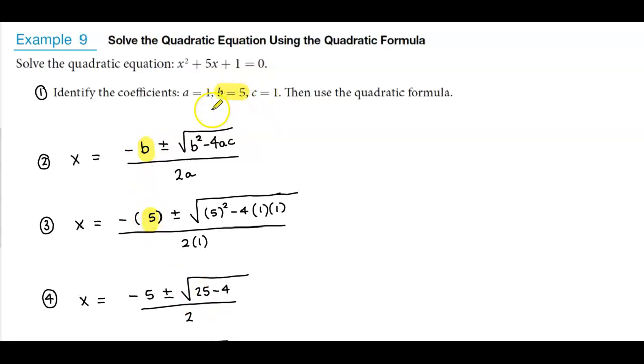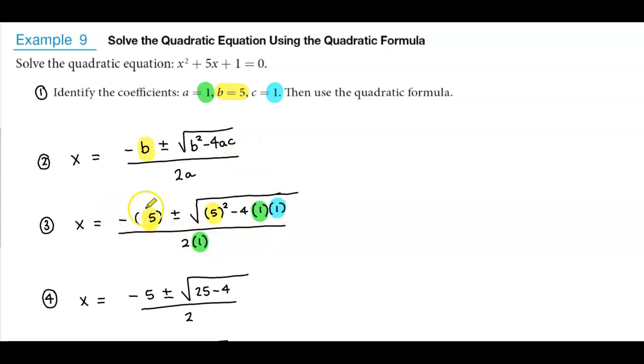Then we also have the value of b squared, so that's 5 squared. And we have the value of a, which is 1, so we have 1 here and then 2 times 1 here. And then we have the value of c, which is 1 here.